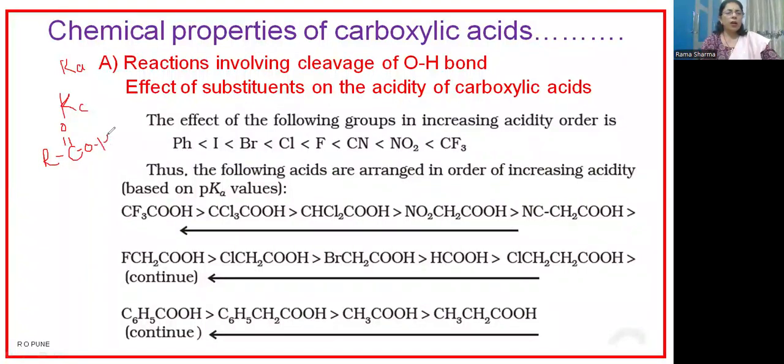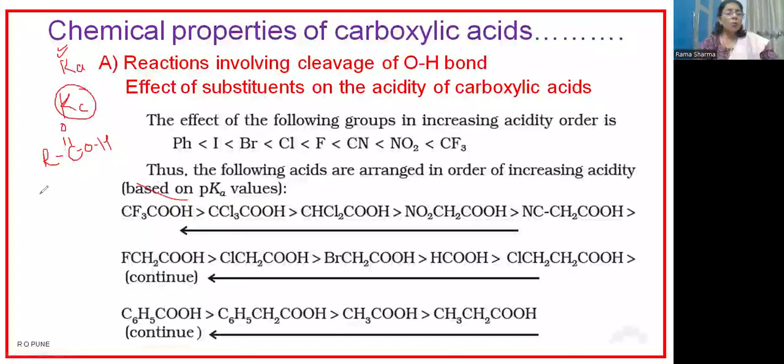There we can write the value of Kc for these. That is the dissociation constant. Since it is an acid, Kc is represented as Ka in the case of acids.